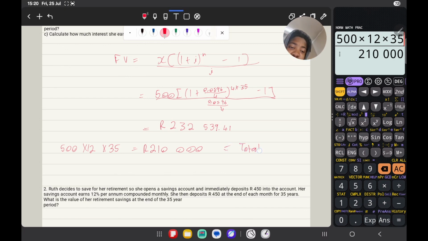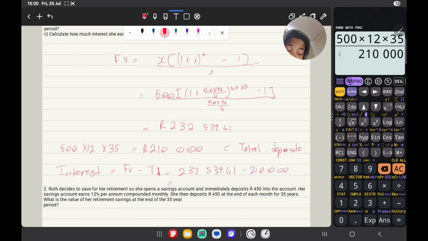And to answer the question, finding the interest, right? So to find the interest, now interest is going to be V minus your total deposits, right? So which is 2325 minus 210, right?